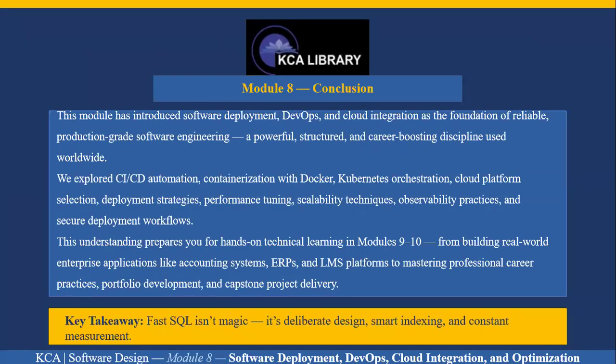In conclusion, today we covered the complete deployment and DevOps landscape: DevOps culture and CI/CD fundamentals, containerization with Docker and orchestration with Kubernetes, cloud platforms and deployment strategies, automated CI/CD pipelines with GitHub Actions, performance tuning and scalability techniques, monitoring, logging, and observability.